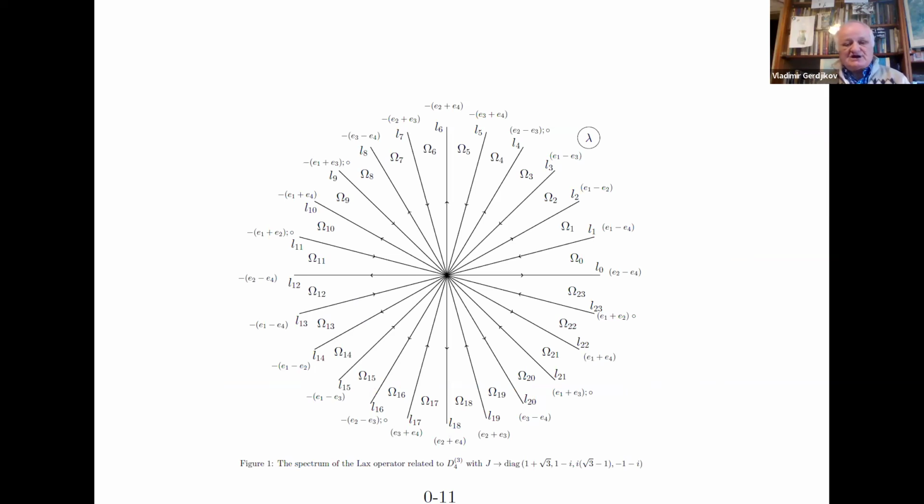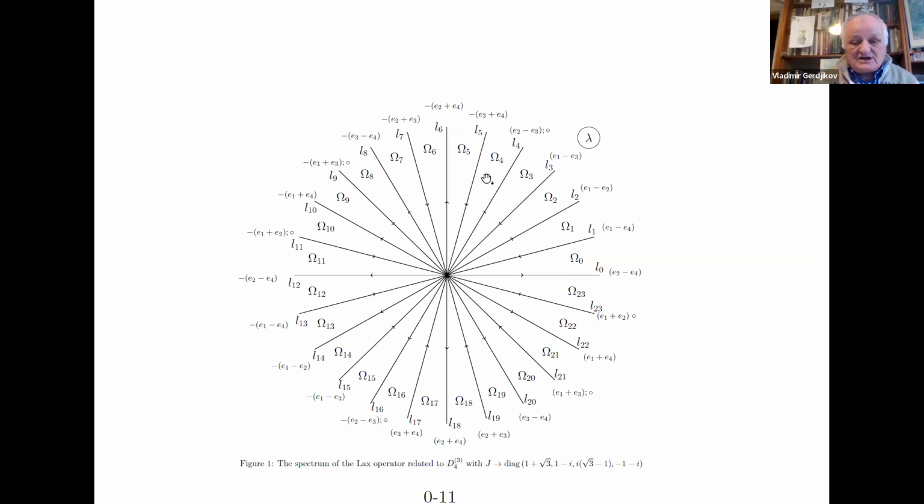Here is another example of a Riemann-Hilbert problem. And now we do not have a set of several involutions, but we have a situation when we have a Z_h reduction group. H here equals 12, and you see that here we have 12 straight lines which close equal angles of 30 degrees and which split the complex lambda plane into 24 sectors.